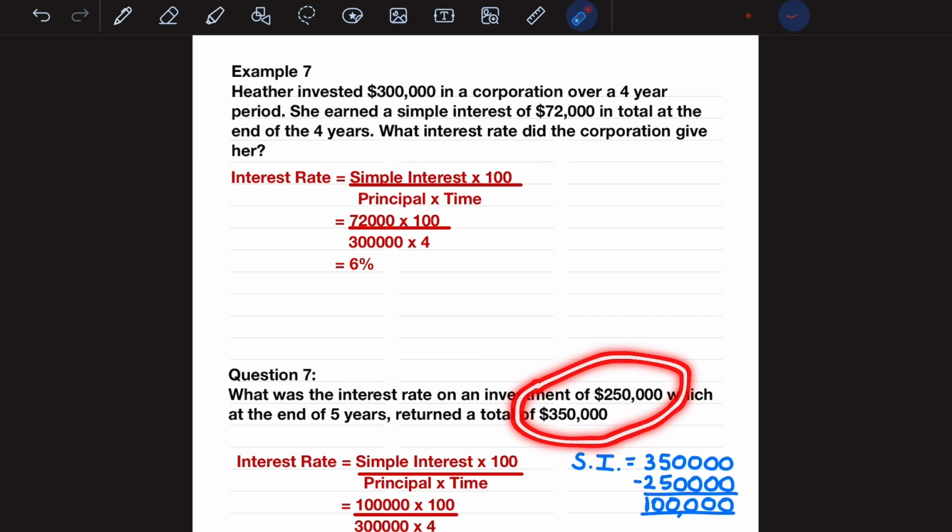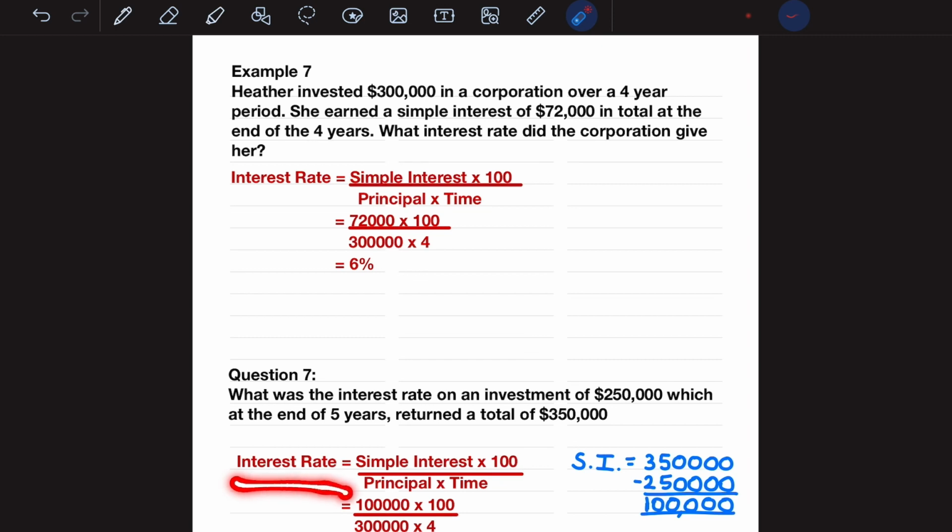So we have to take the principal away from the total, and we will get the simple interest. So 250,000 was invested, and the total that was given at the end of the period was 350,000. So 100,000 was earned.